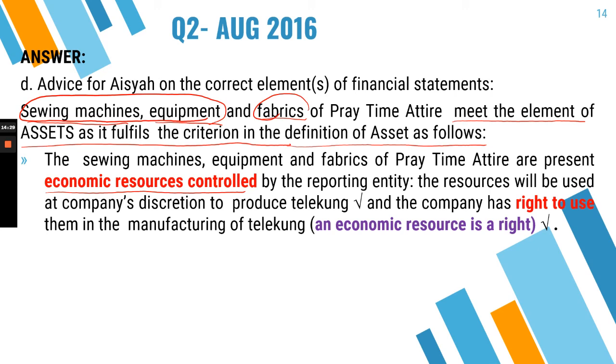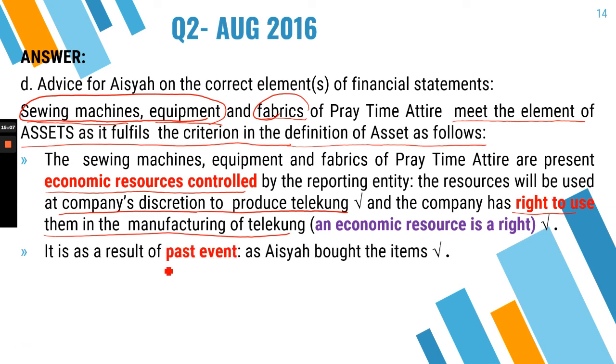Maybe the sewing machine can also be used to produce other garments as well. The company uses its discretion to turn the fabric into telekung using the sewing machine and other equipment, and therefore the company has the right to use them in the manufacturing of telekung. That shows that having the economic resources is the right.